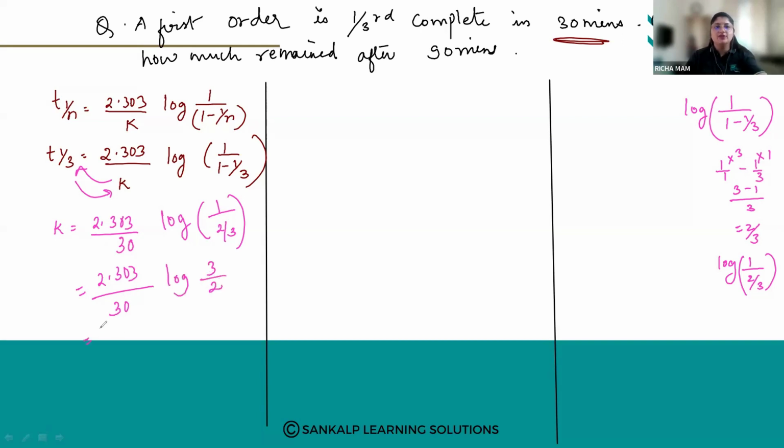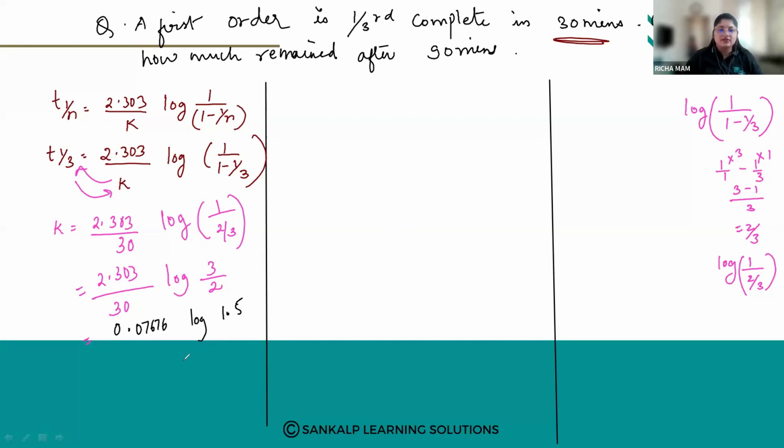Find out the values now. 2.303 divided by 30 is 0.07676. Then log of 3 by 2. 3 by 2 is 1.5. So what is log of 1.5?